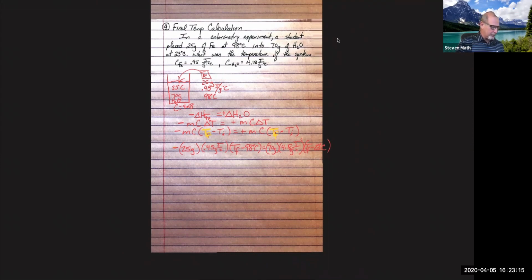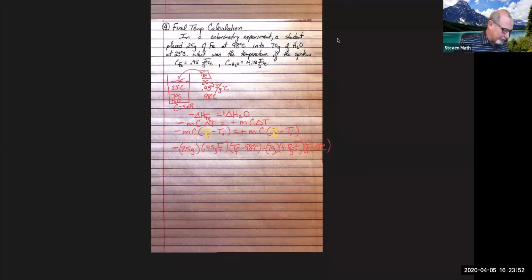So we're going to press menu 3-1 and enter negative 25 times 0.45 times parentheses x minus 98 equals, now it's positive, 70 times 4.18 times parentheses x minus 23, comma x.